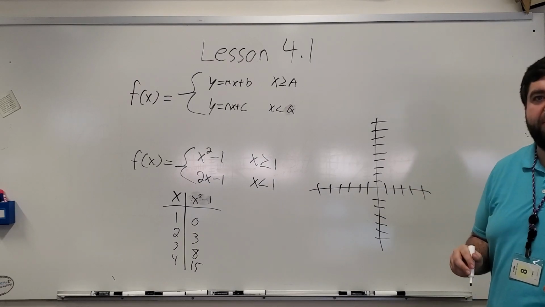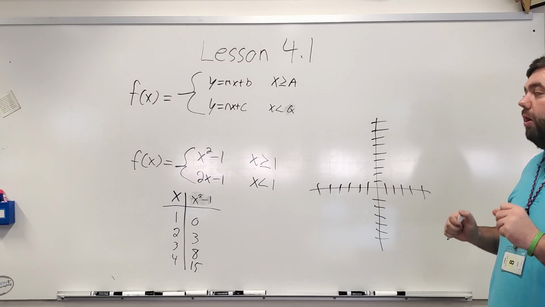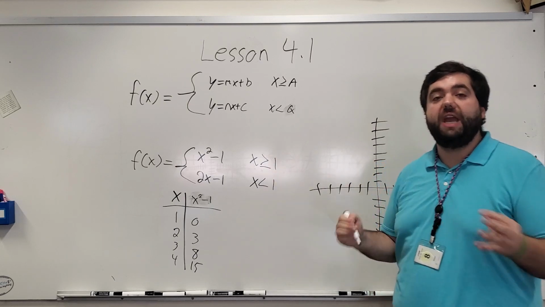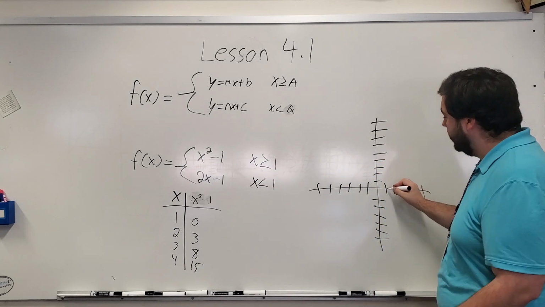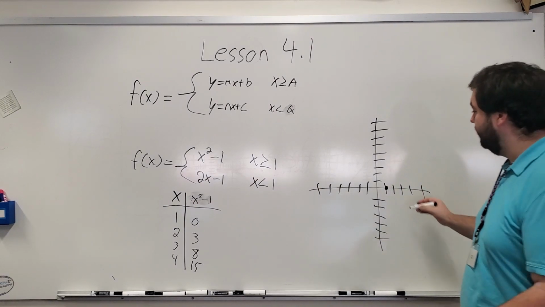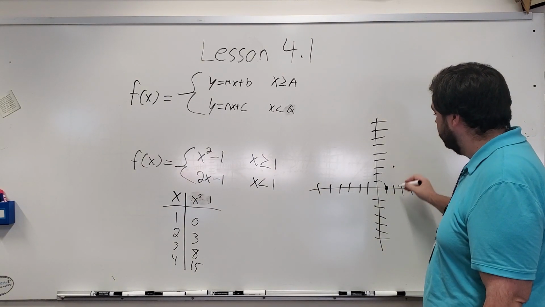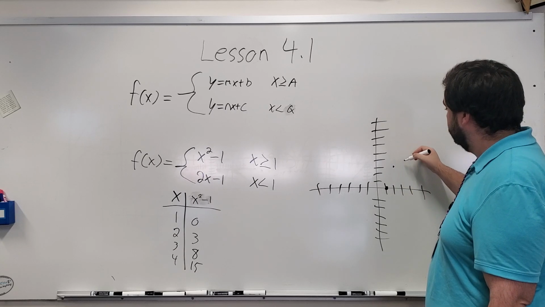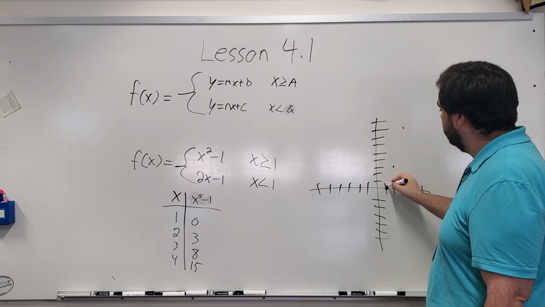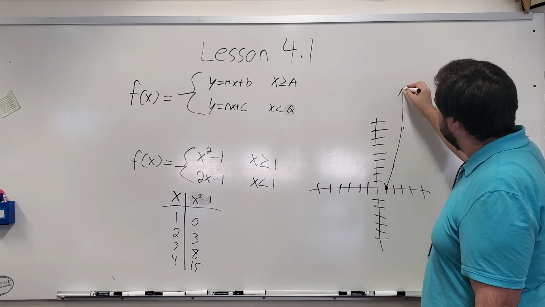Then I have to ask myself, is 1 in my domain? So I look, x is greater than or equal to 1. So yes, it is in my domain, so I use a closed circle. I then plot my next points, 2, 3, 3, 8, and so on and so forth. Then I just graph that curve, right?